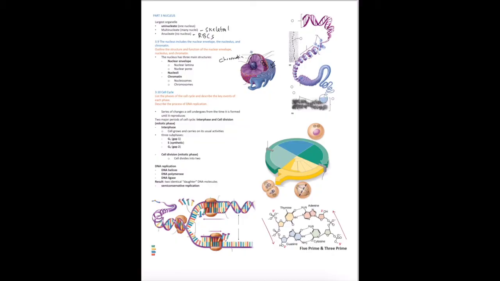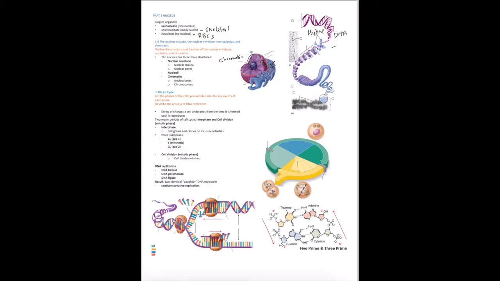So chromatin is composed of DNA. If we look at this structure here to the right on this side, how is DNA able to go between the form of chromatin versus chromosomes? You can see the double-stranded DNA, and then you can also see what's known as these histone proteins.